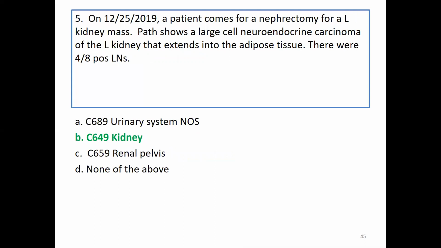Number 5, this is a kidney tumor. It showed a neuroendocrine carcinoma of the left kidney. We know there's only one primary site for kidney. C64.9 is the correct answer.